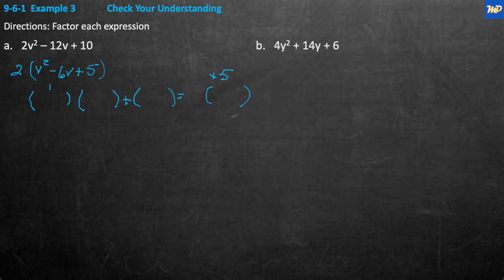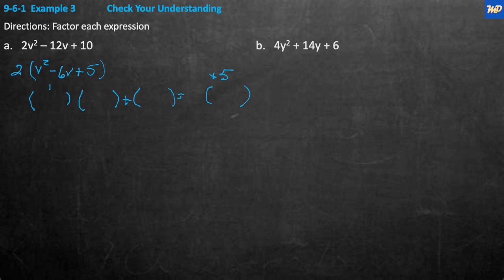So before we get started, though, this is a positive C term and a negative B term. And that means the only way to get a negative B term, if you recall, is we have to have the same sign on the factors of the C term. So 5 can be a plus 1 and a plus 5, or a negative 1 and a negative 5.